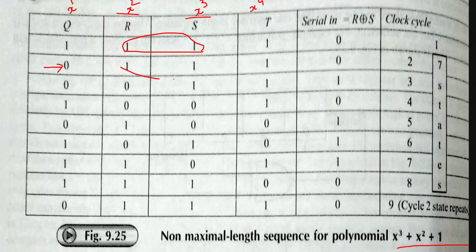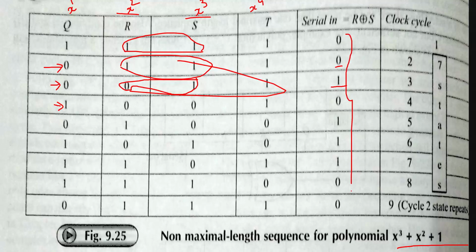In the next state it is 1 1 again, the 0 is available here in the next clock pulse, and here it is 0 1. 0 XOR 1 means 1, which comes here. So while writing all the possible patterns, after the 8th clock cycle, in the 9th clock cycle, it starts repeating.